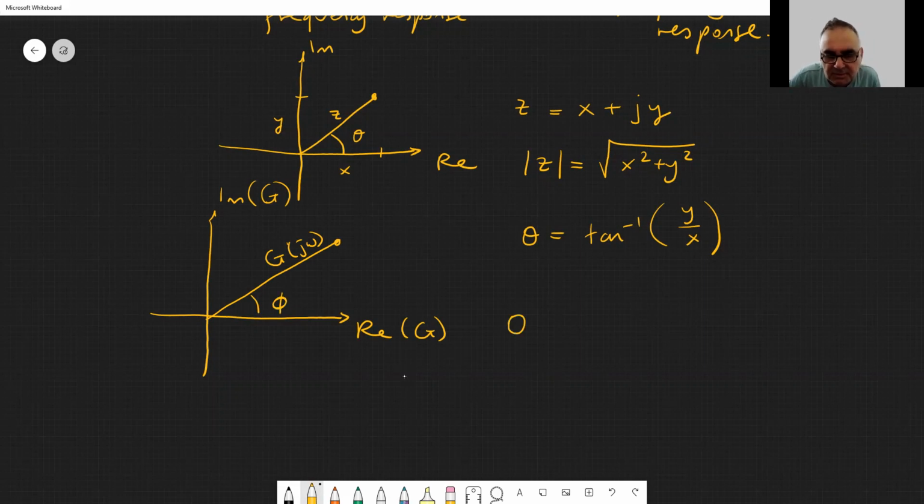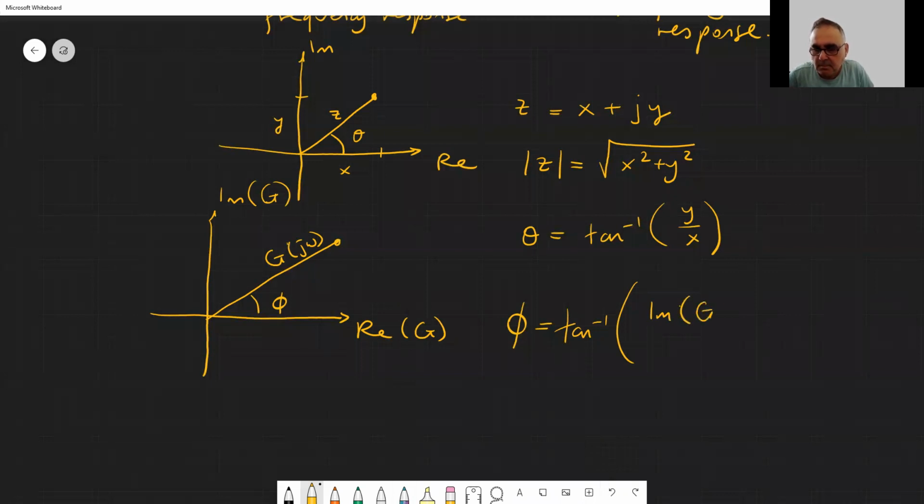So phi is equal to the tangent inverse of the imaginary part divided by the real part.